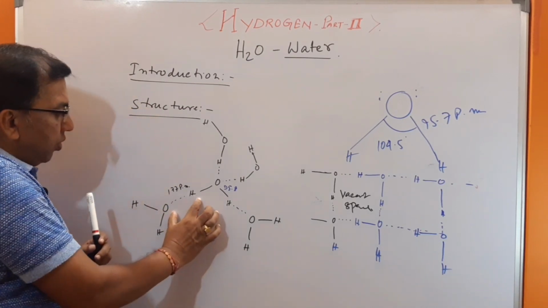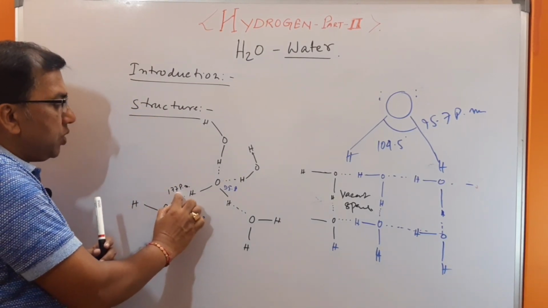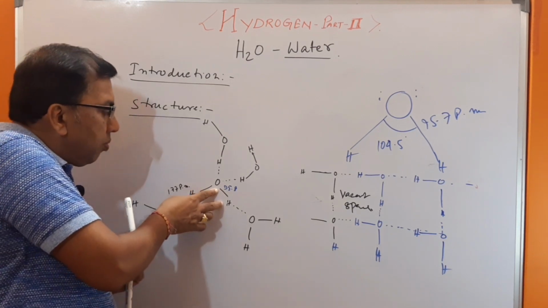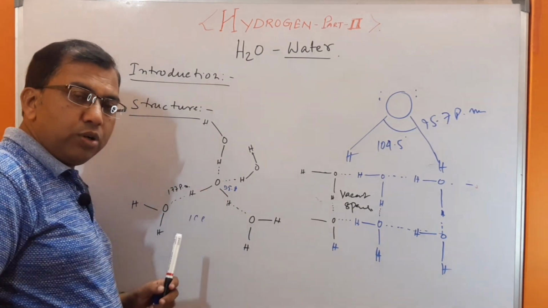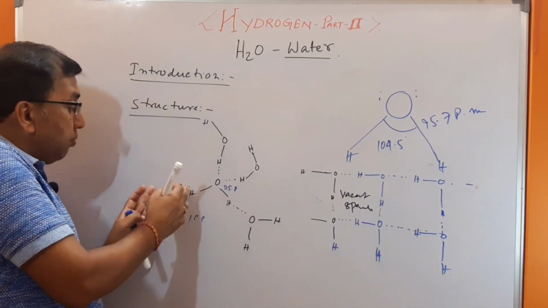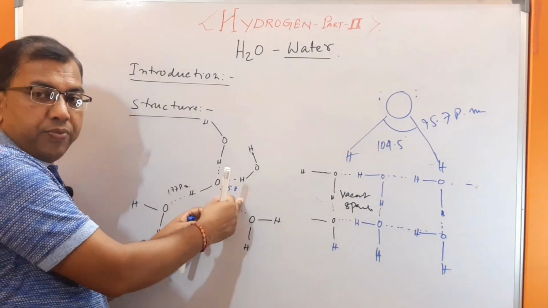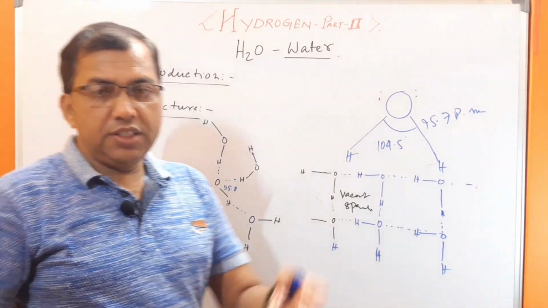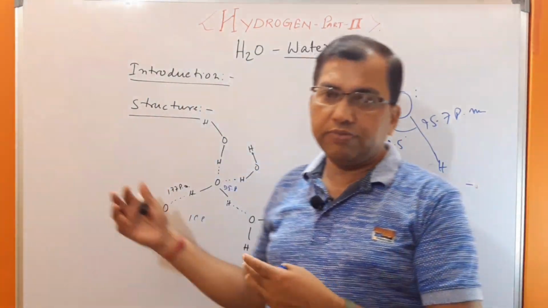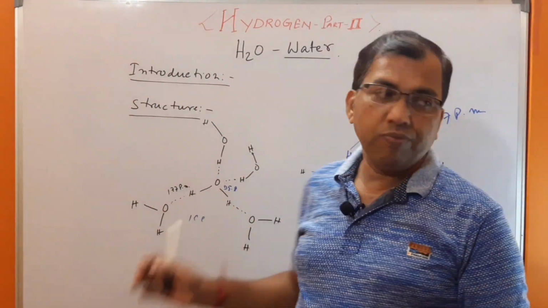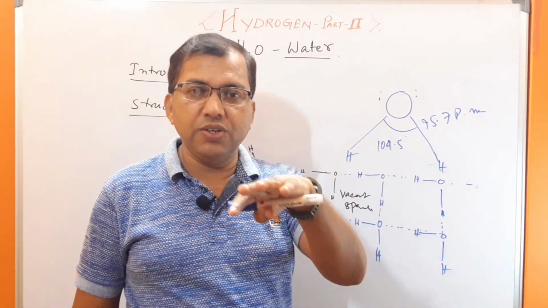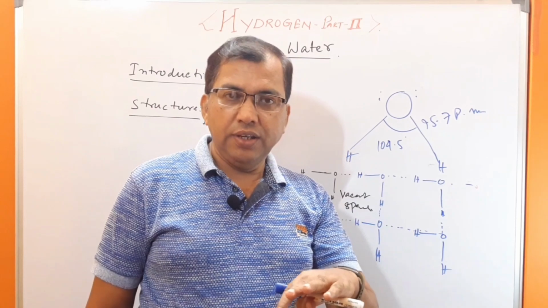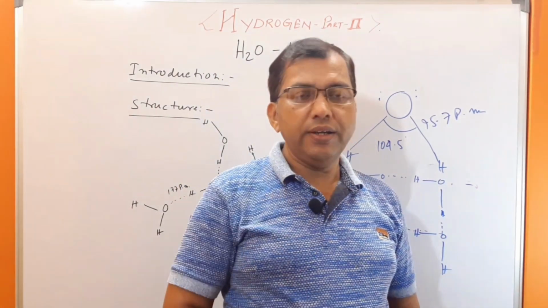The hydrogen bond is 177 picometer, and the normal covalent bond of hydrogen and oxygen is 95.8 picometer. So this is more, this is less. What does this explain? This explains the lower density of ice than water.